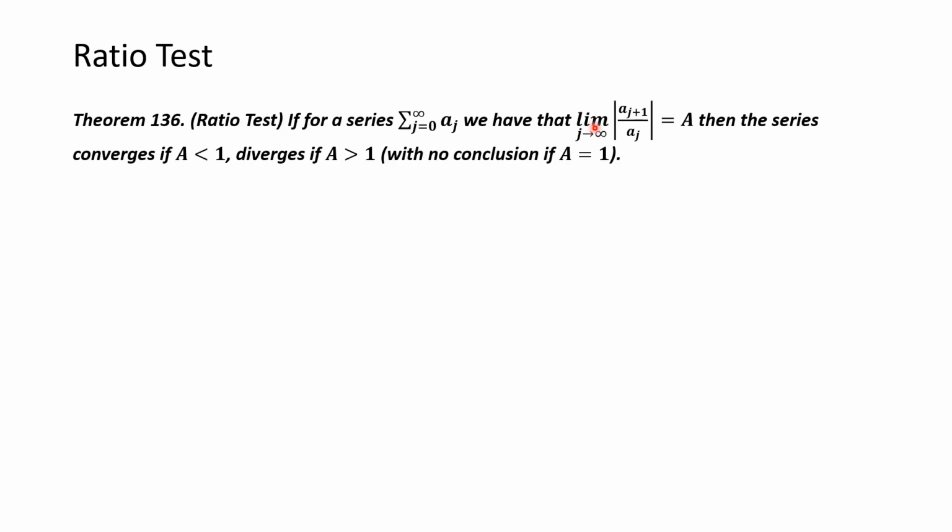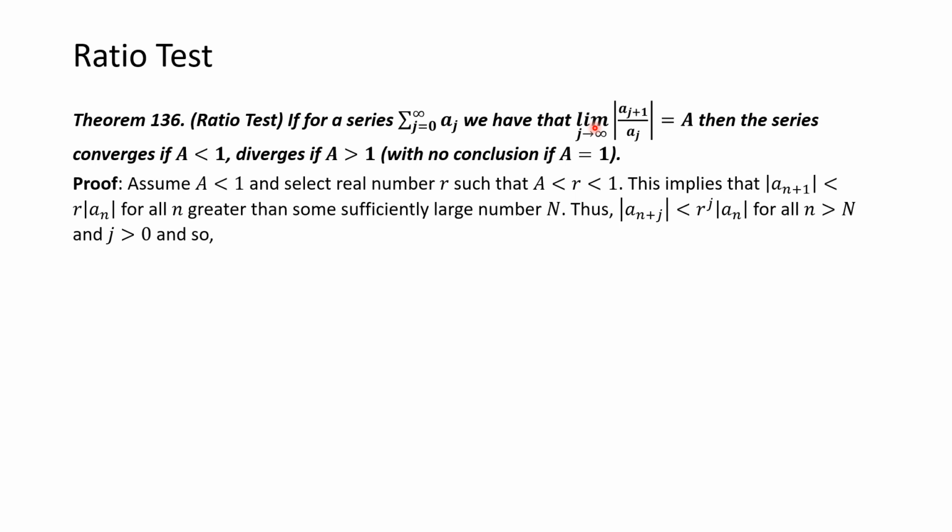We have the ratio test for complex series, which I'm going to show you here. So you have this series a sub j from 0 to infinity, and if the limit of the modulus of a sub j plus 1 over a sub j equals some value a, then the series converges if a is less than 1 and diverges if a is greater than 1, and there's no conclusion from the test if a equals 1.